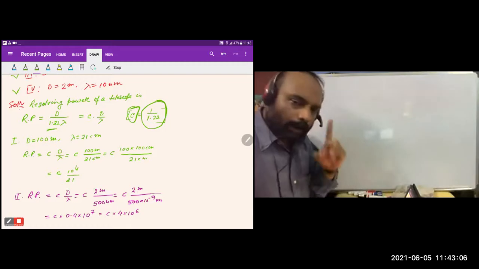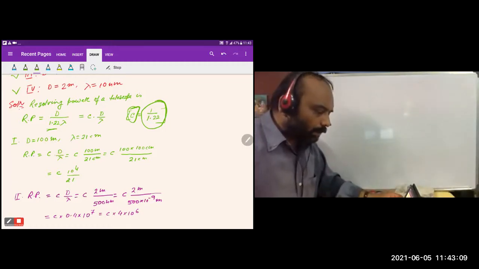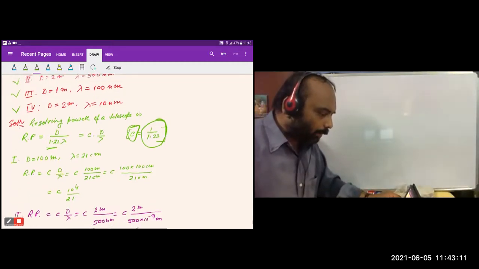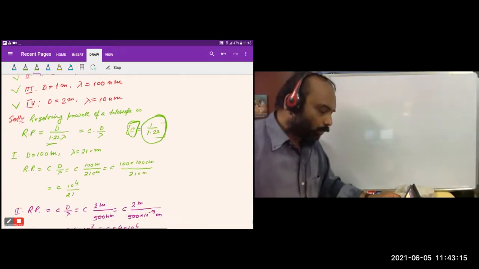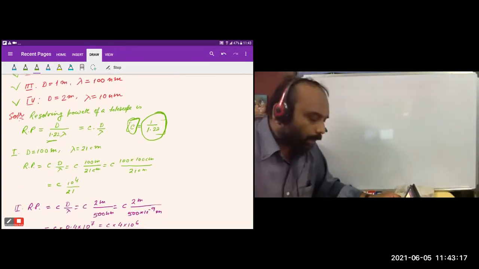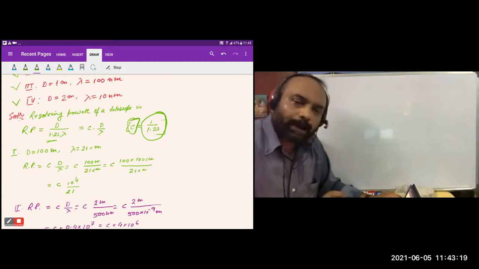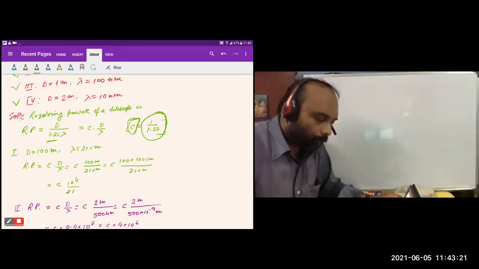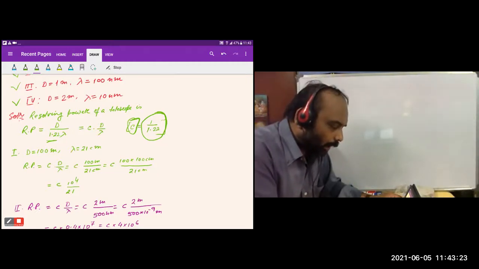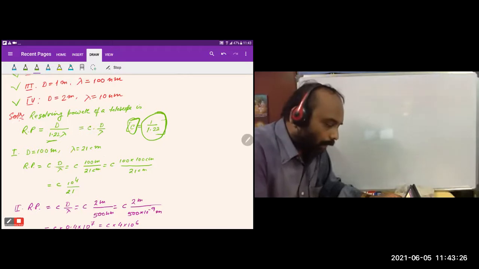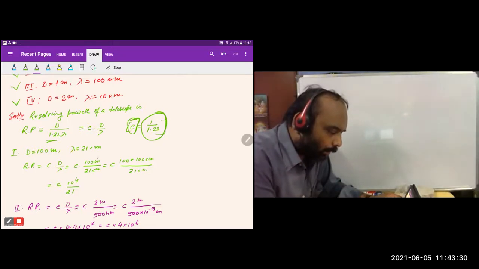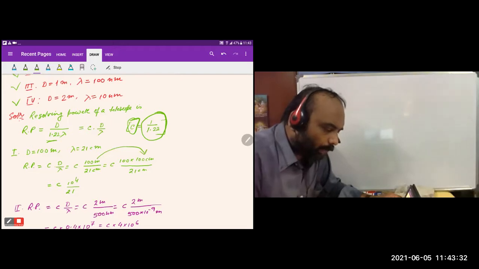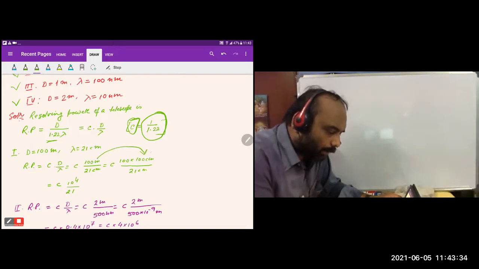So for telescope 1, D is equal to 100 meter, lambda 21 centimeter. So RP is equal to C times D by lambda. D is 100 meter, lambda is 21 centimeter. I converted meter into centimeter. Centimeter cancels out.